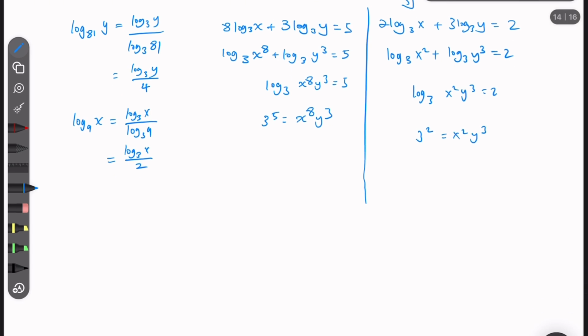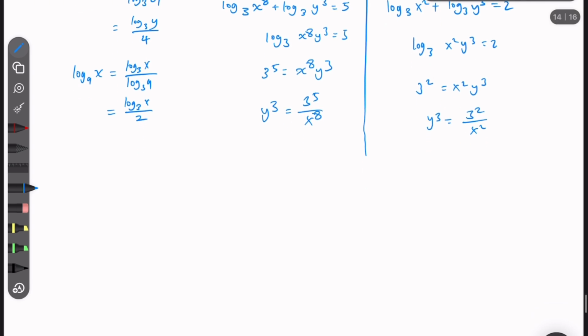Okay, so both equations have y cubed, so we can equate them.